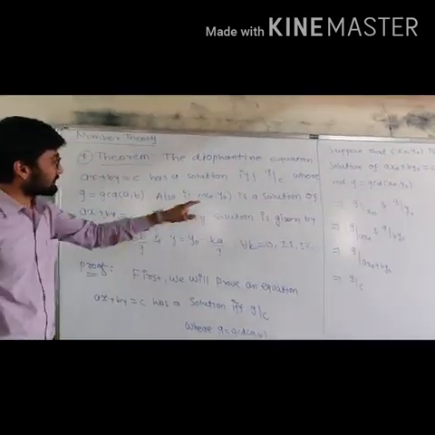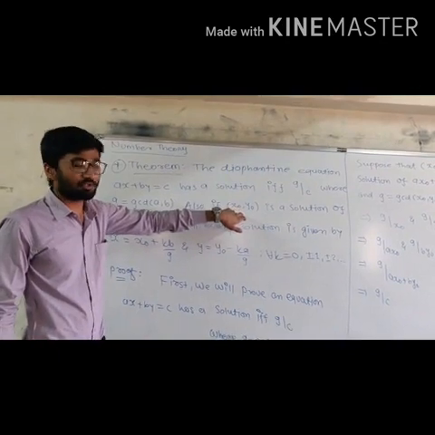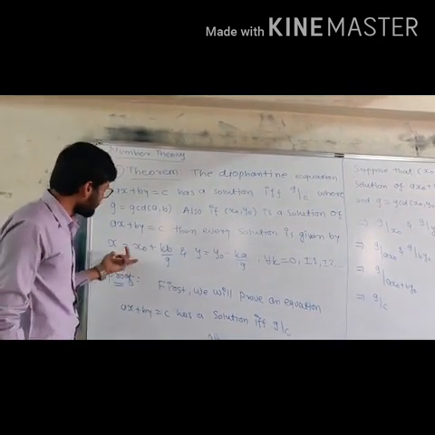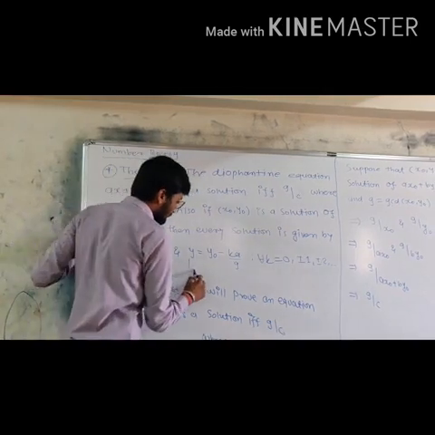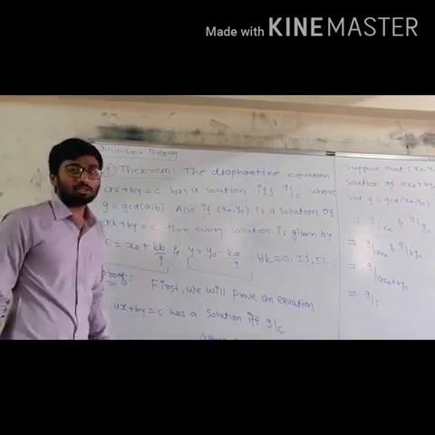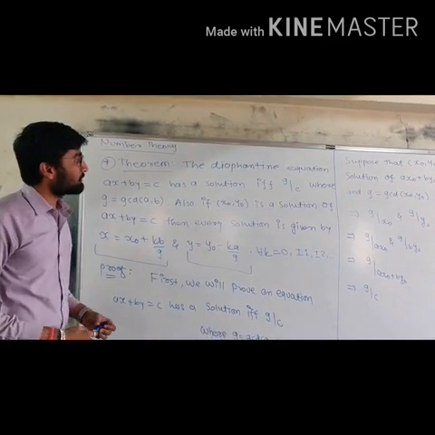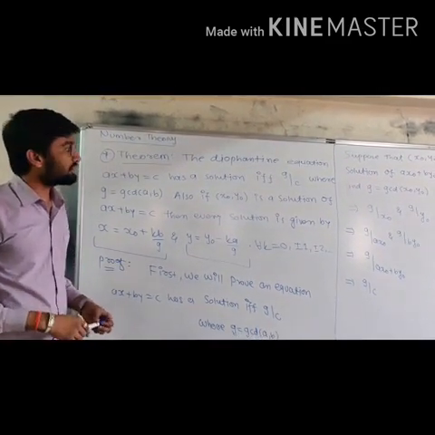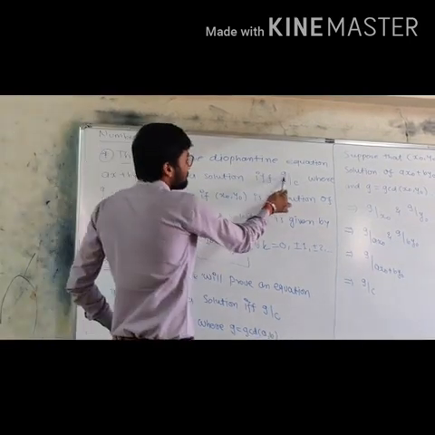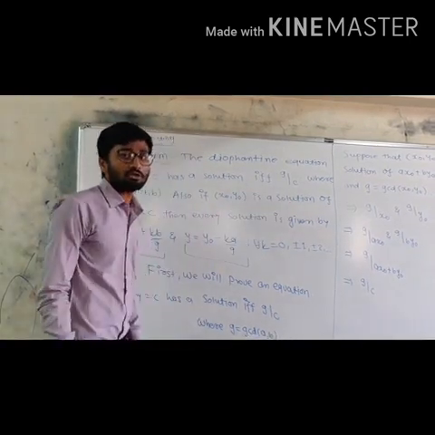Also the theorem says if x0, y0 is a solution, then every solution is given by this formula. That means if we want to find a solution for a Diophantine equation, then first we need to check the condition: g divides c or not.